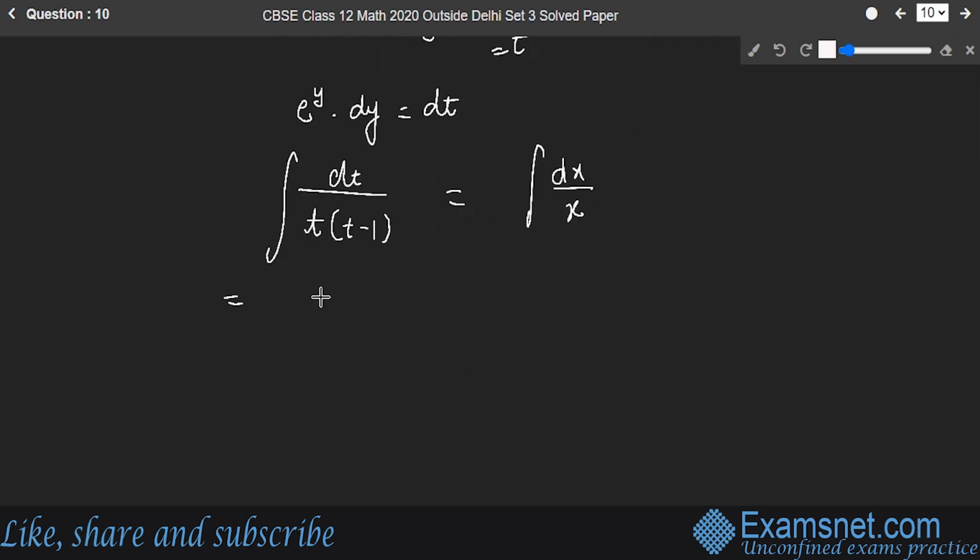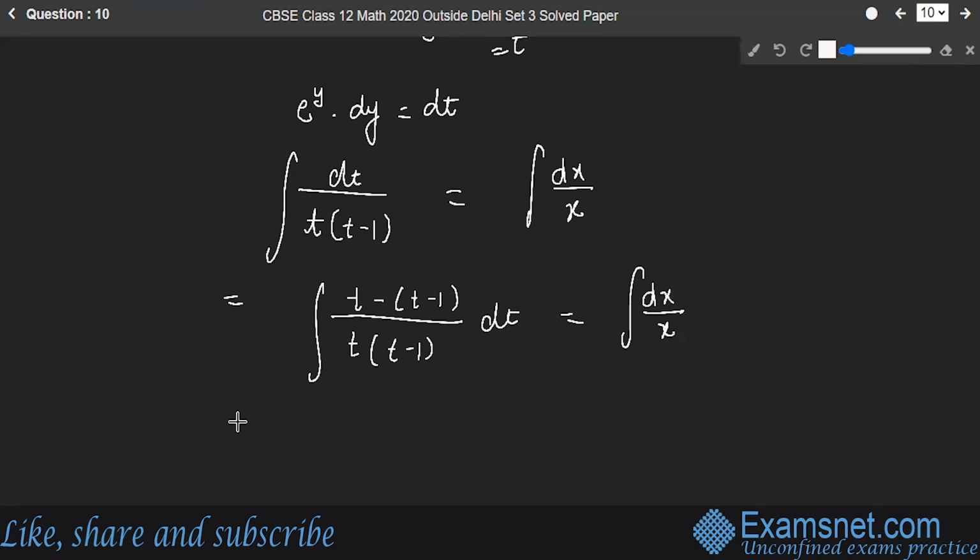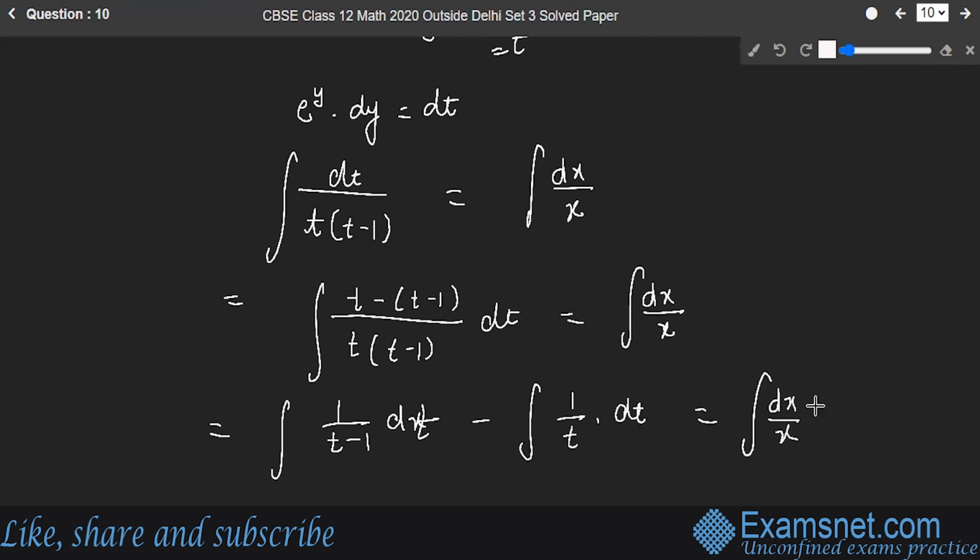This further can be written as integral of 1 upon t minus 1 dt minus 1 upon t into dt is equal to integral of dx upon x.